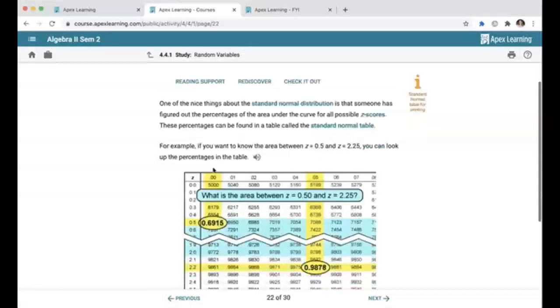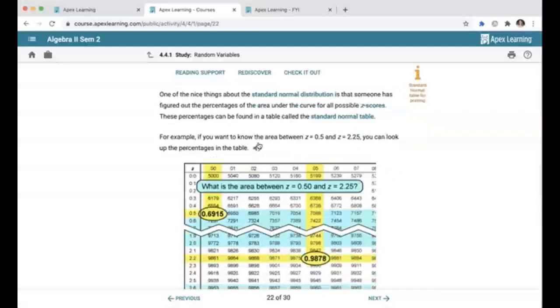What they do here is they say, okay, if you want to know the area between 2 of these z factors, you can look at the cross section.